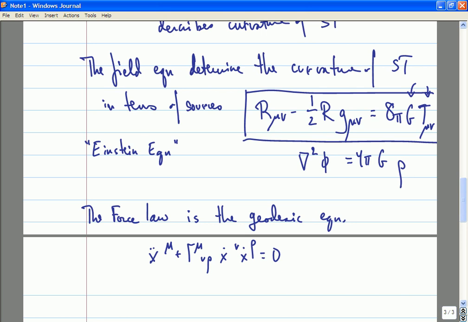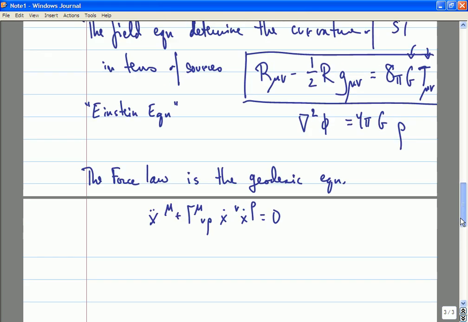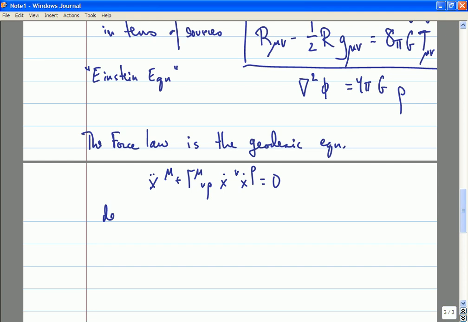And this geodesic equation describes how objects move when space-time is curved.